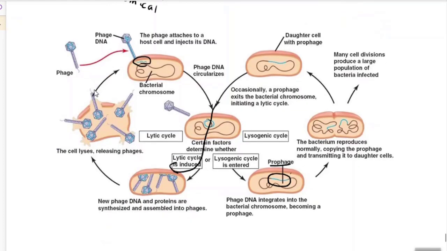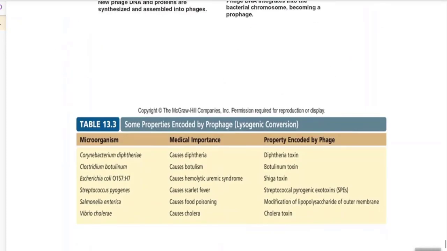The last thing I want to talk about with this is the prophage. What can happen to the bacteria if it has this phage DNA inserted into it? And from a medical standpoint, why do we care? Here's why. A lot of times, the phage DNA that's inserted into the bacteria might carry genes for toxin production.